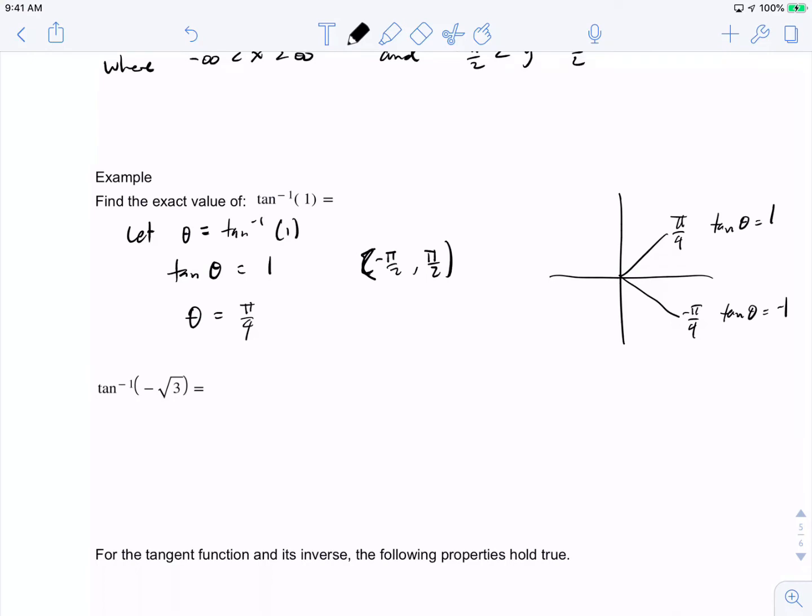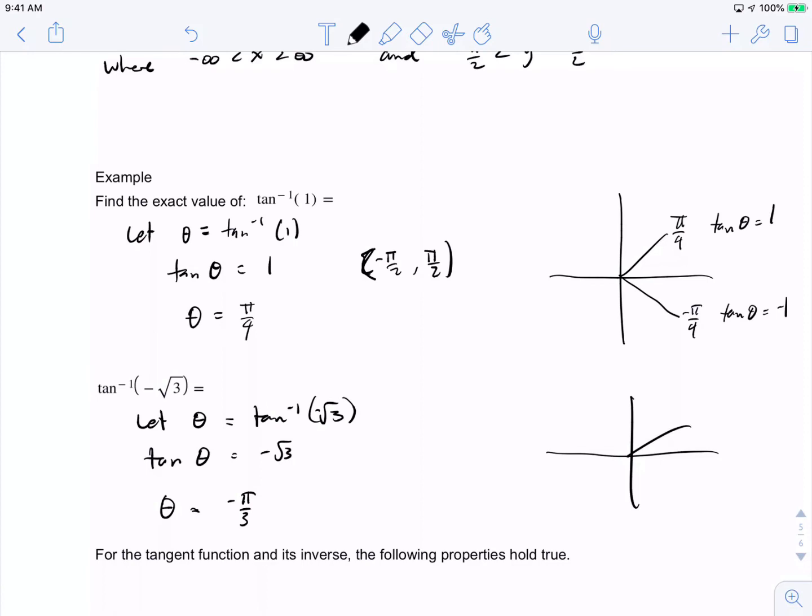Okay, in our next example, we're going to let theta equal tan inverse of negative radical 3. So tan theta is equal to negative radical 3. Based off of the unit circle, we know that this occurs at negative pi over 3. I always refer everything to the first quadrant and then reference to other places.